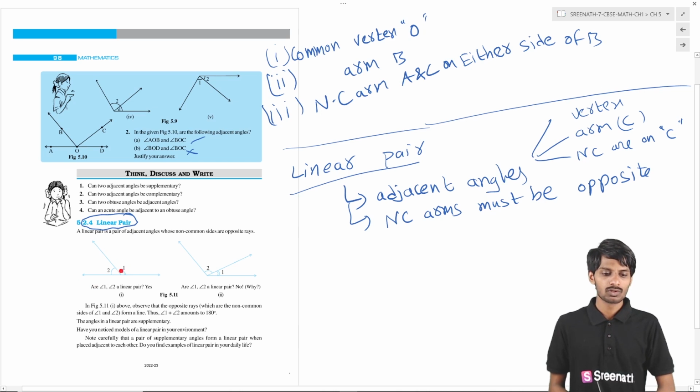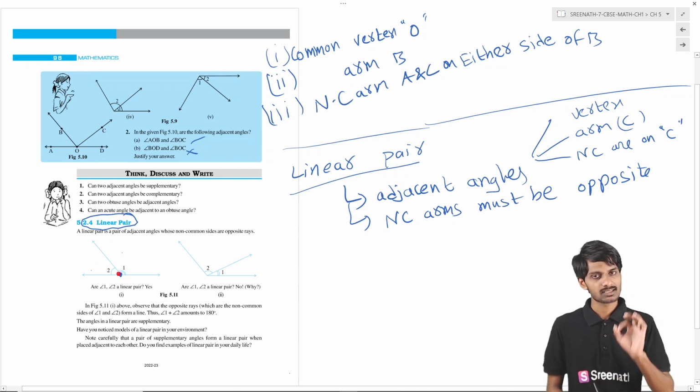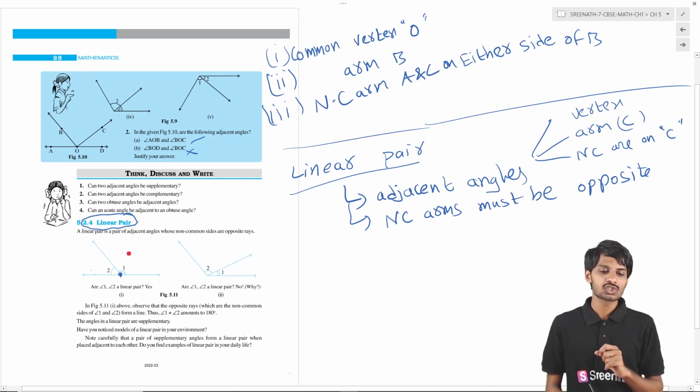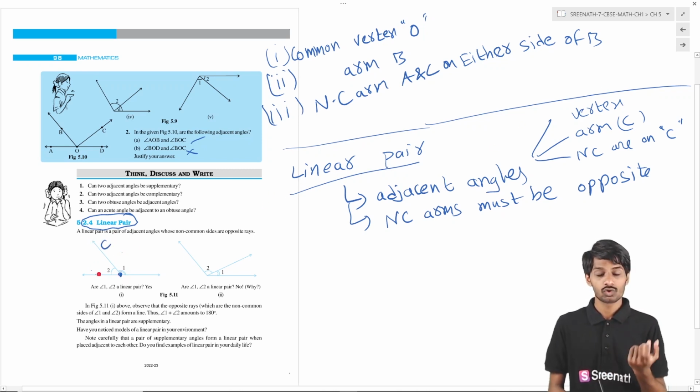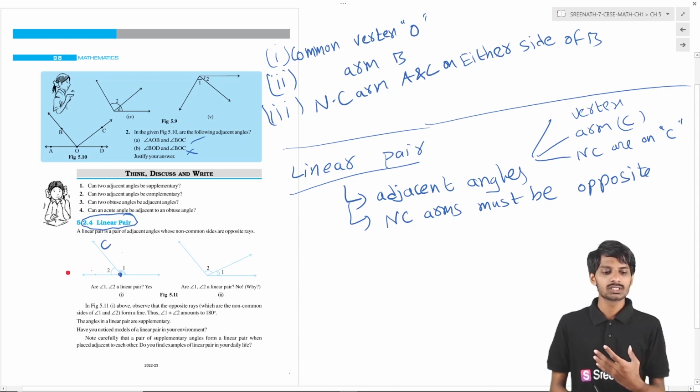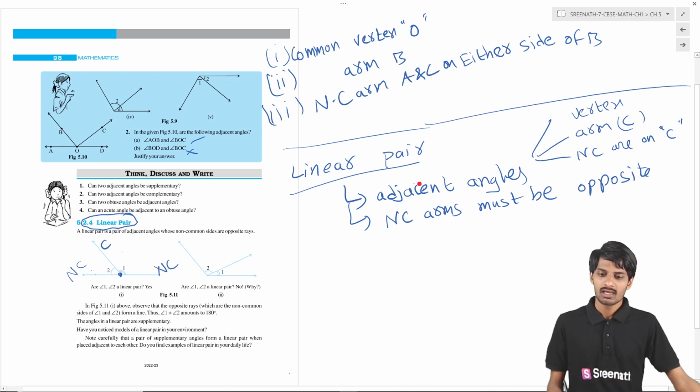Take this example. Are these two adjacent angles or not? These two have the same vertex, so the first condition is satisfied. They have a common arm, so that is satisfied. The non-common arms are on either side of the common arm. Finally, these are adjacent angles, so they are eligible to become a linear pair.